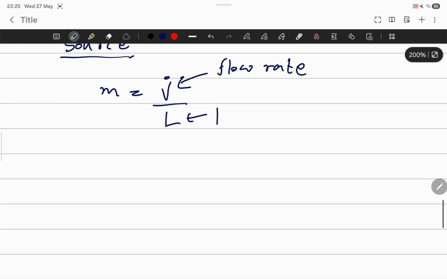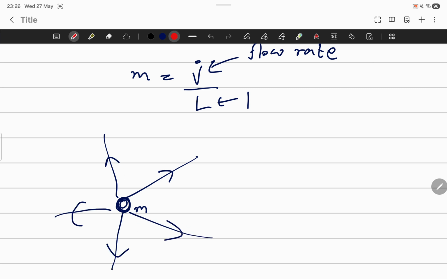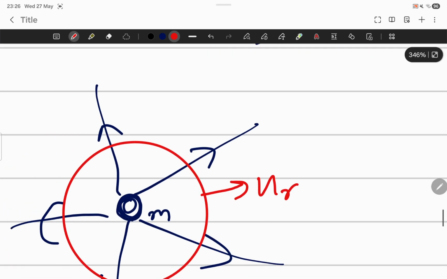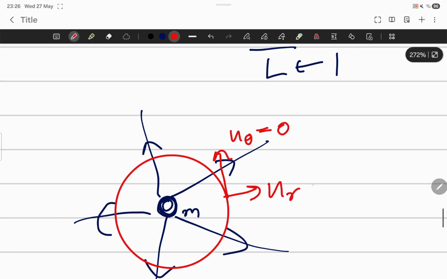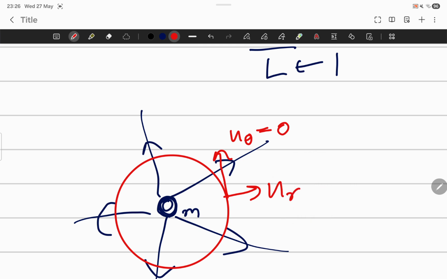So now I'm considering polar coordinates, right? So this is my source, it creates flow outside. Okay, so let's consider a line like this. So this moves with the velocity u r, right? So what is the tangential velocity, which is u theta? It is 0, right? So this has a velocity u r, right?